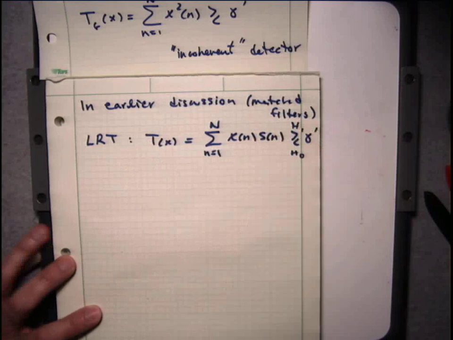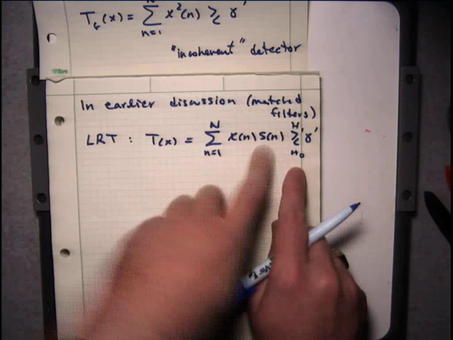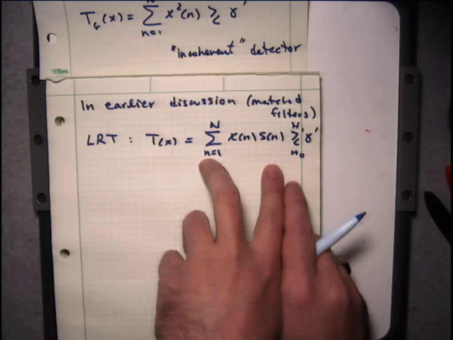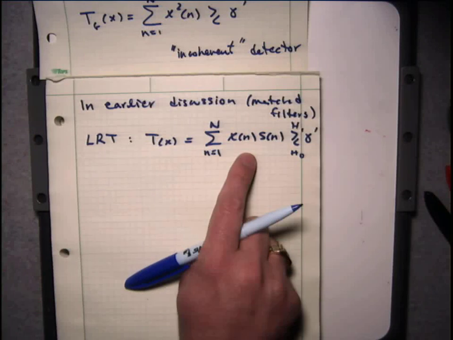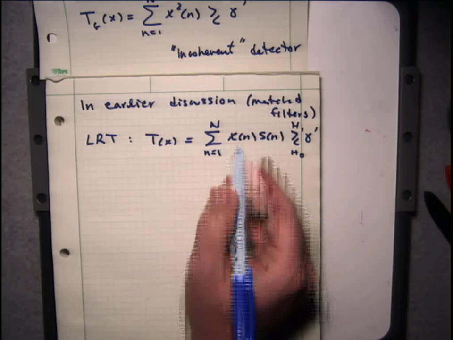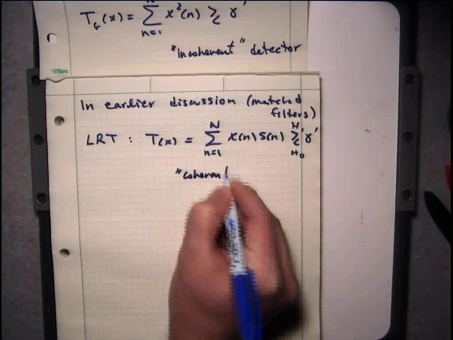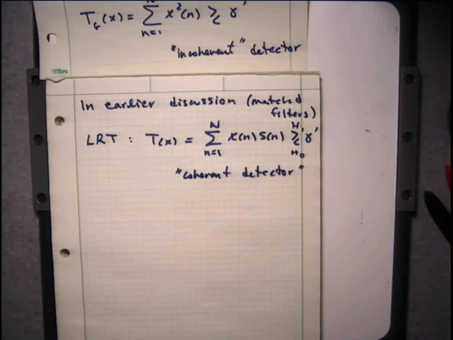Here S has been replaced with S hat, which has been replaced by x, which gives you this. In this case, the phase of the values x of n matters, because x of n is getting multiplied by s of n. In the literature, this is called a coherent detector, coherent because it uses the phase explicitly.